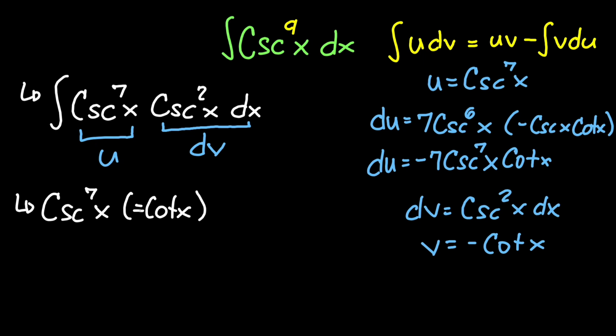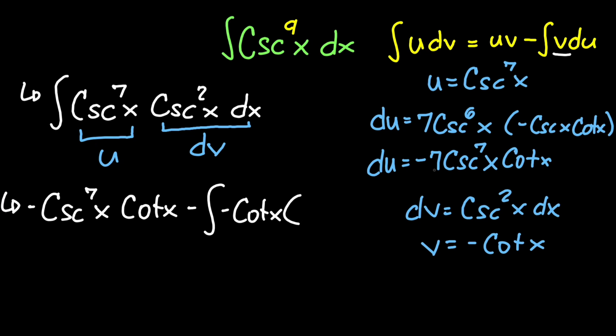We can actually put the negative sign on the front, making this a negative cosecant power of 7 of x multiplied by cotangent of x, minus the integral of v, in this case negative cotangent of x, and du right here would be this one.